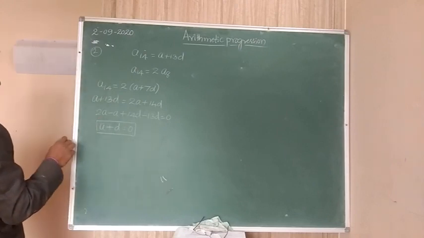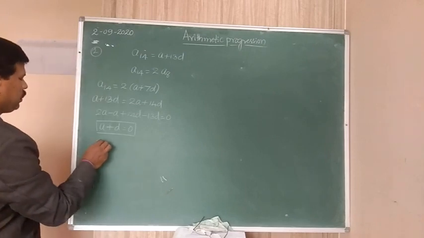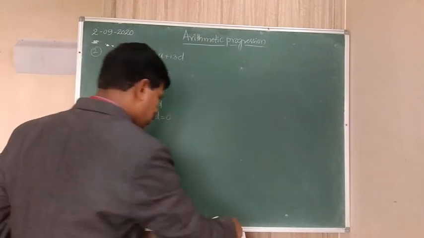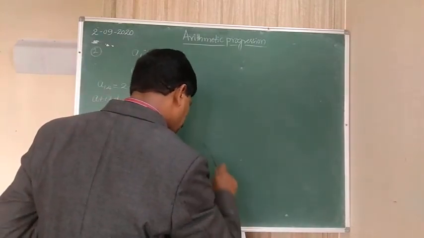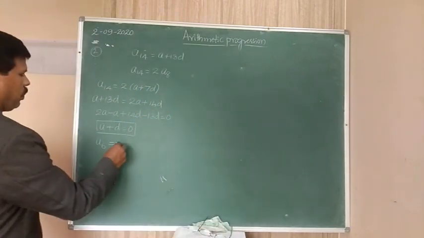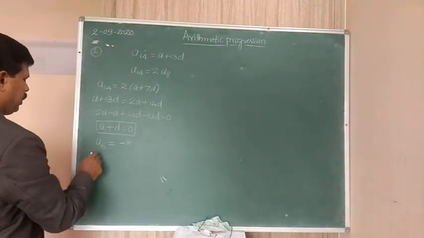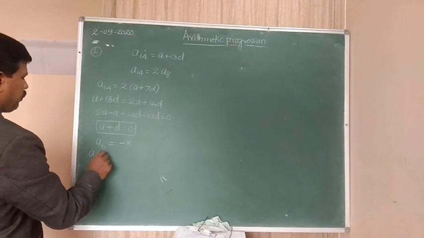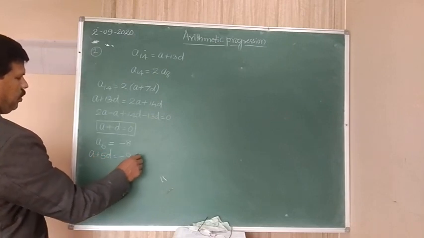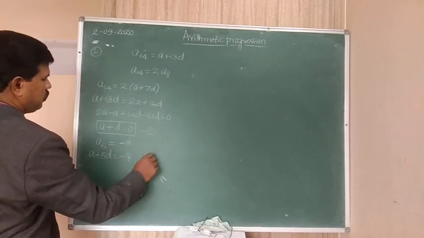This is the first one. Then the second one is A6, the 6th term of the AP, is how much? Minus 8. Then A plus 5D is equal to minus 8. Now this is 1 and this is 2.